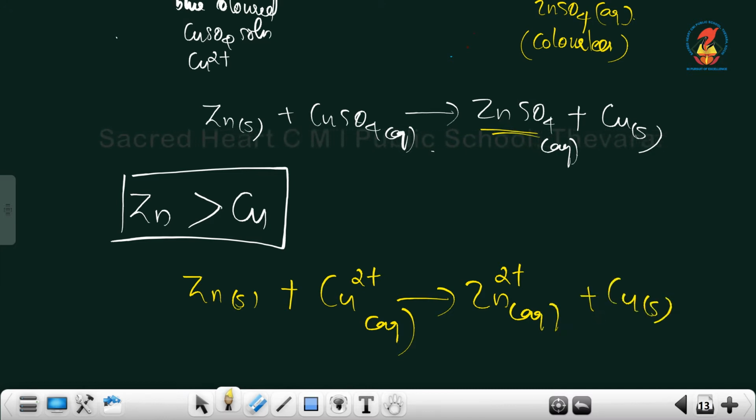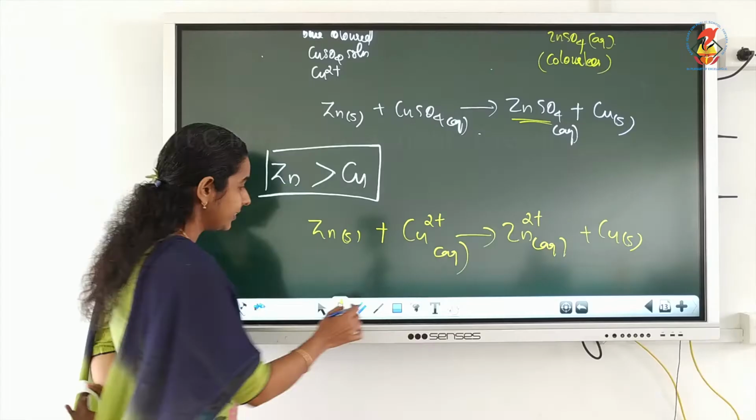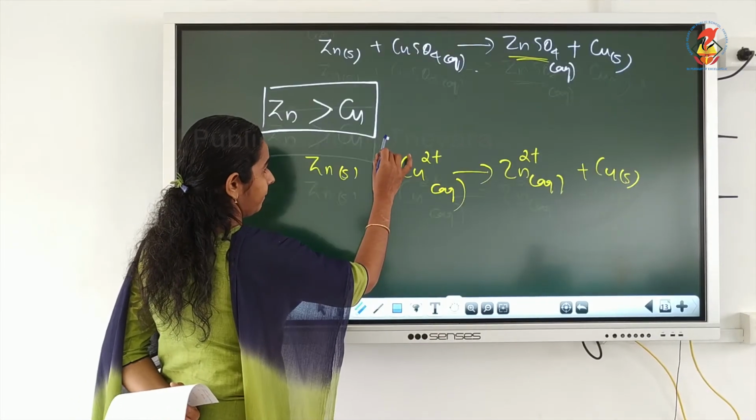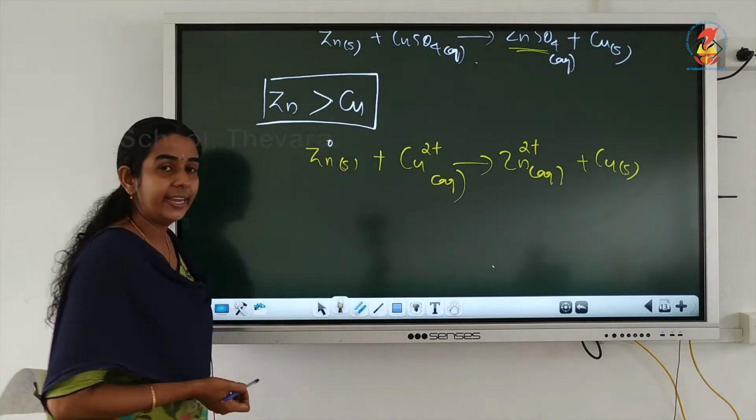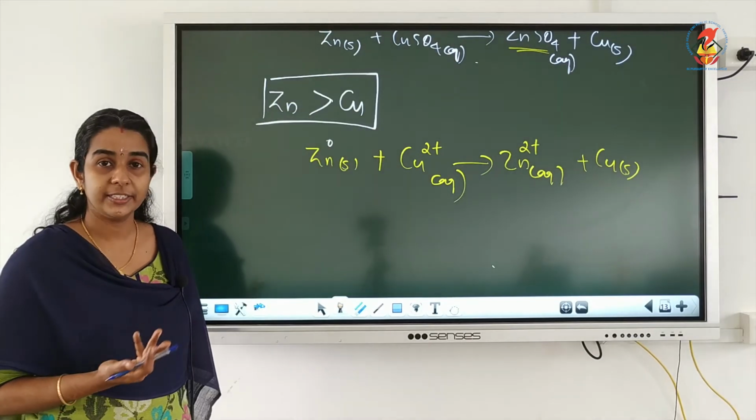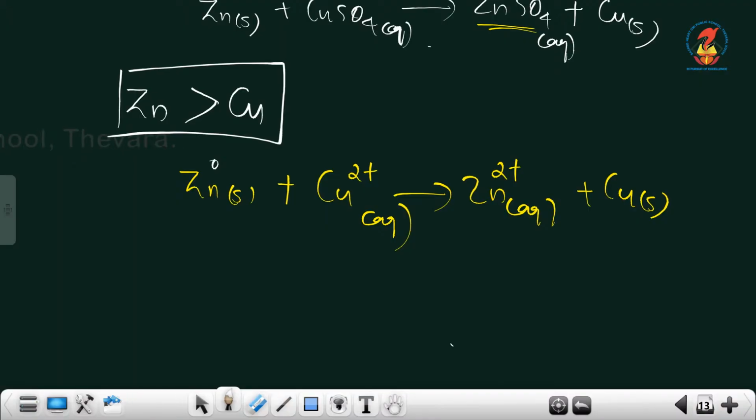If you look at the charge of each species, zinc in the free state is neutral, that means 0 charge. Copper is 2+, here it is Zn2+, and here copper in the free state, that means copper metal, has no charge, that means 0 charge. And see what happens to the charge of zinc here.